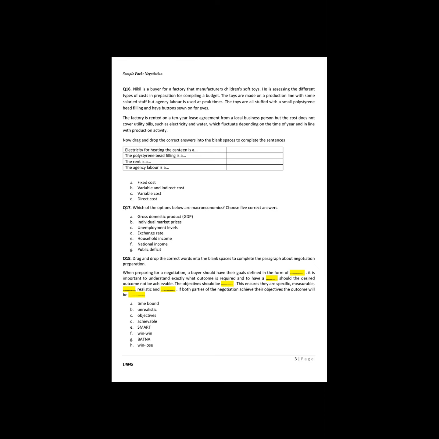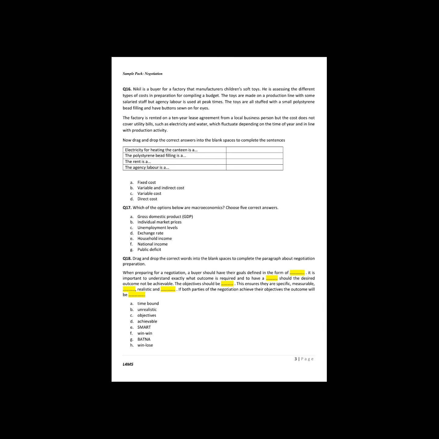Variable cost. Okay. It's between variable or variable and indirect. Then let's look at the agency labor. Is it variable or fixed?